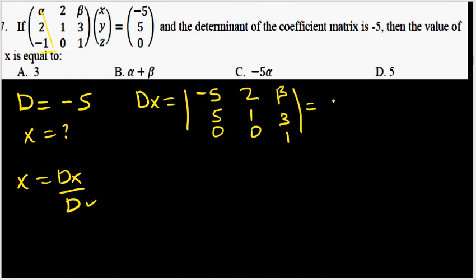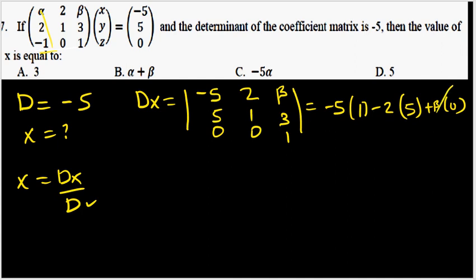The first entry is negative 5 times, I cancel the first row and first column, so 1 times 1 minus 0, which is 1, minus 2 times, the second column cancelled, just 5, plus beta times 0, because in the third column of the first row, it will be 0 times 5 minus 0 times 1, which is 0.